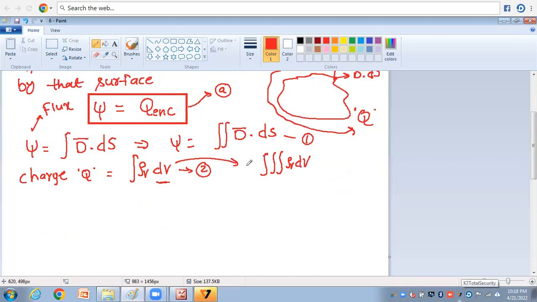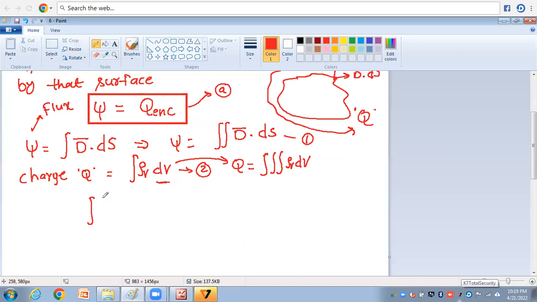This is about the charge. This is a very important discussion while solving these expressions. Now these expressions 1 and 2 are substituted in equation A.